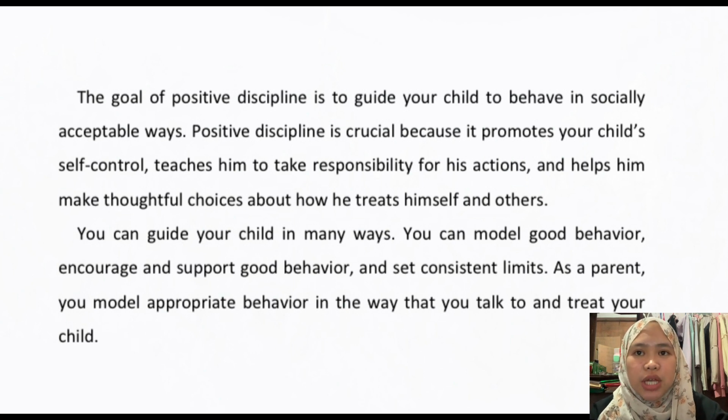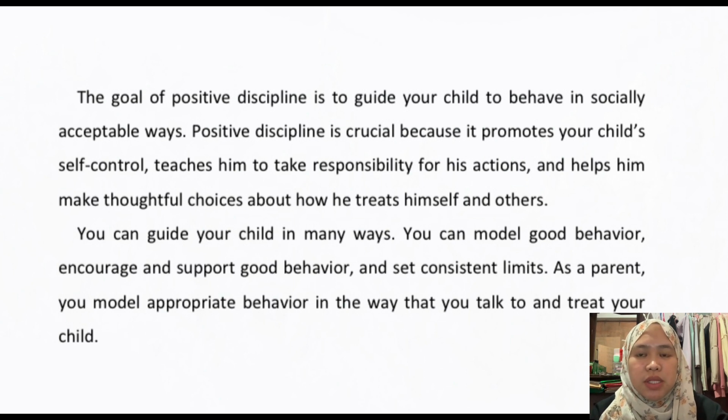You can guide your child in many ways. You can model good behavior, encourage and support good behavior, and set consistent limits. As a parent, or as a guardian, or as a teacher, you model appropriate behavior in the way that you talk to and treat your child. It is also important to know how much you can expect from your child or from your student.